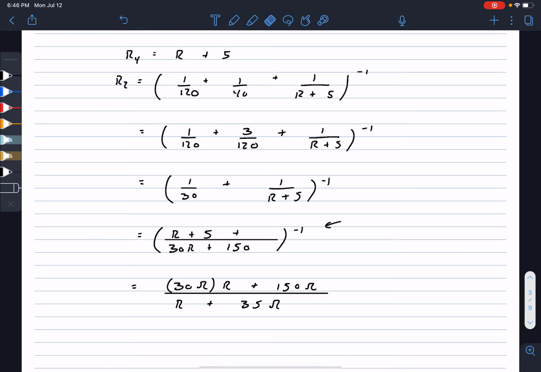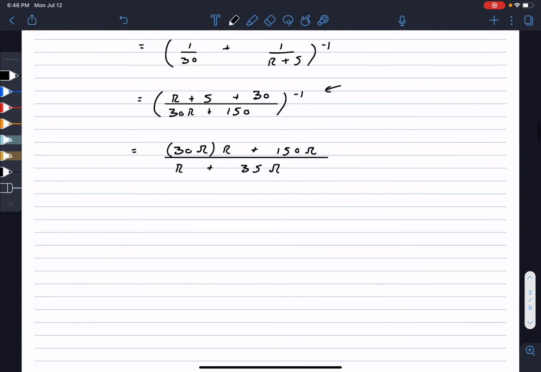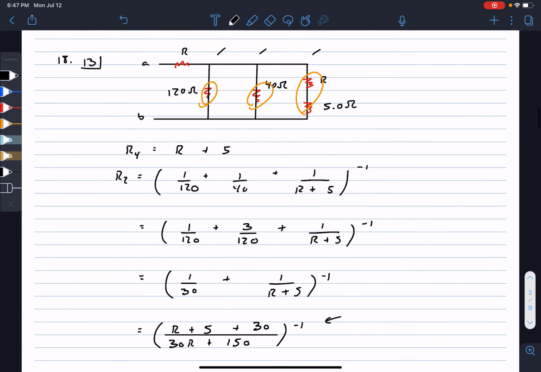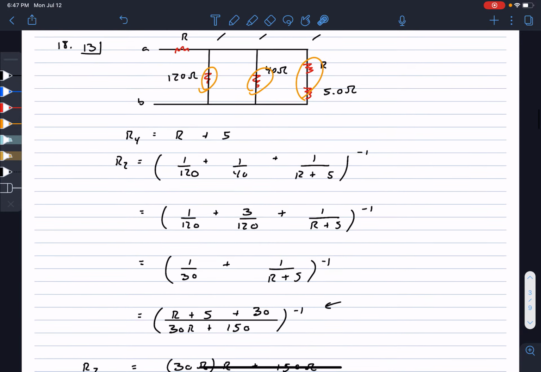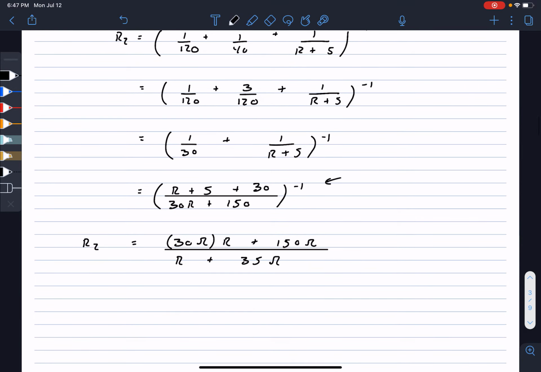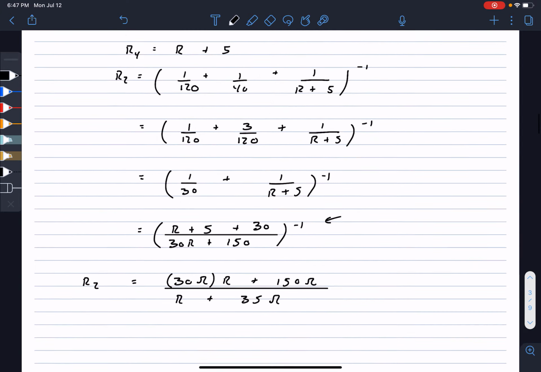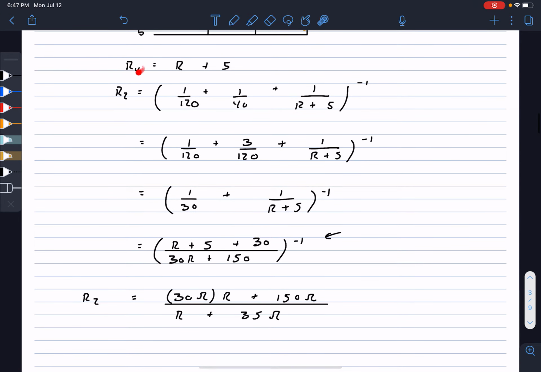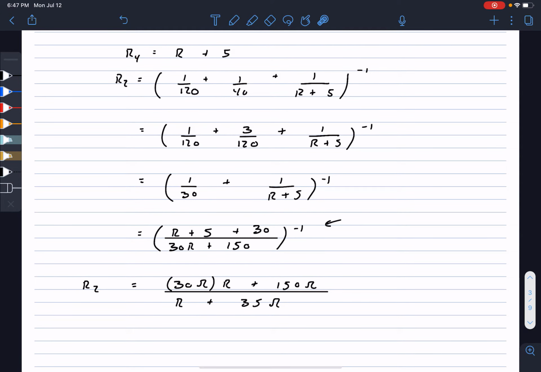I just didn't write it down. There we go. And so now we have R plus 35. So this is R2, these three things in parallel. This was just a temporary dummy variable, and really we just plugged it in under here. So it doesn't really matter what I called it.